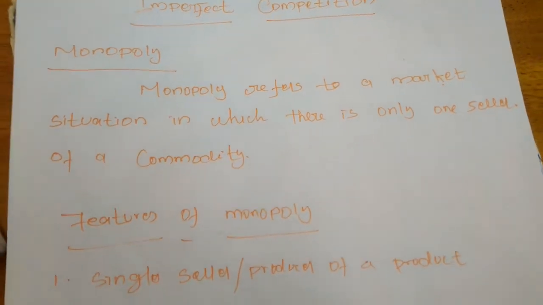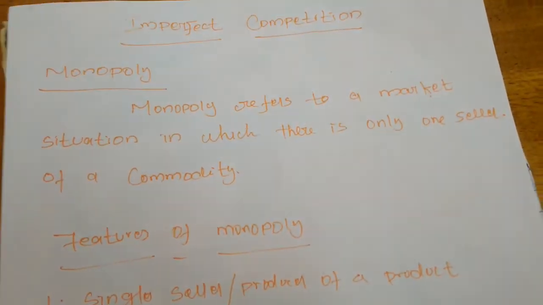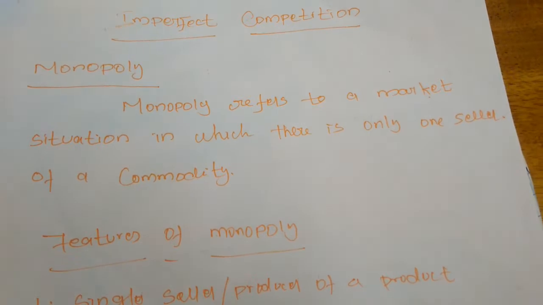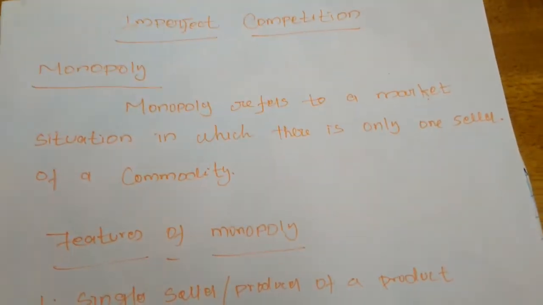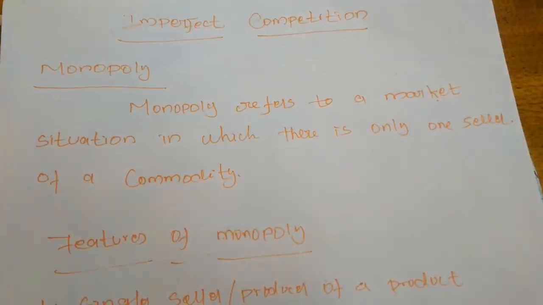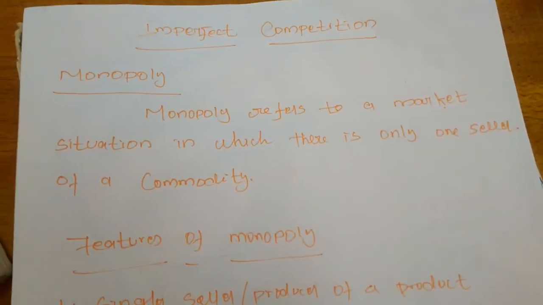The competition will go on, but it will be imperfect. So imperfect competition was created or proposed in 1933 by Joan Robinson.